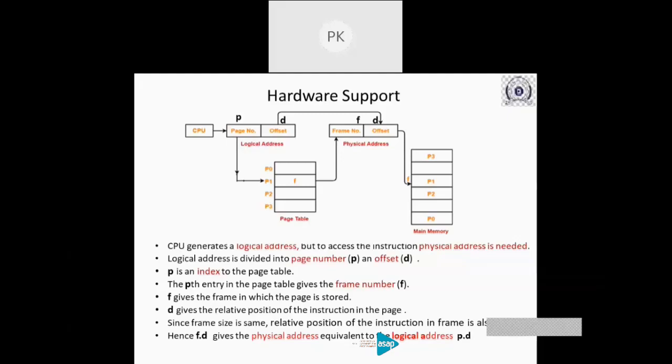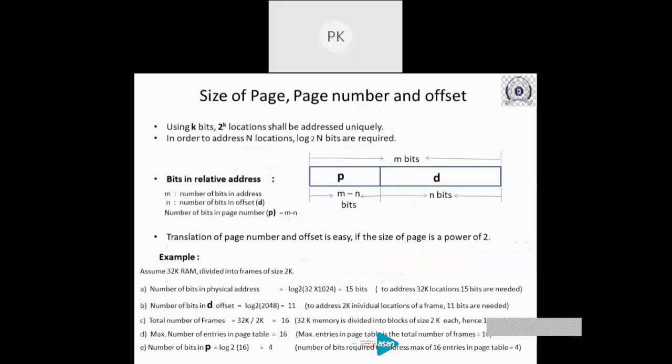Let it be M. Next, the size of the frame will also be given in the paging scheme. So the offset takes a value starting from 0 to the maximum value 2 raised to n, if there are n bits.